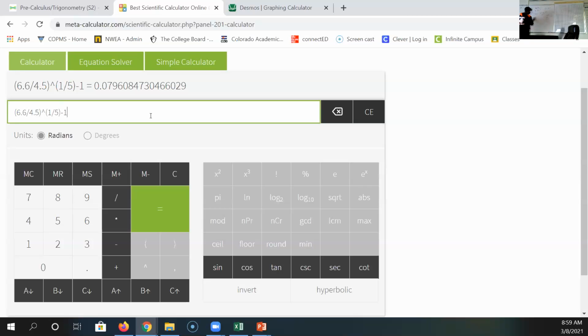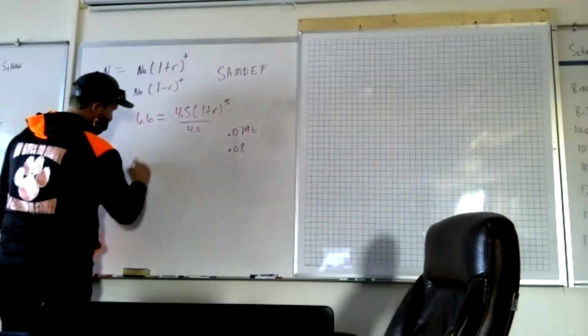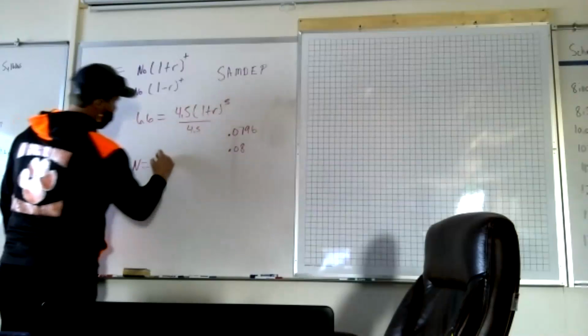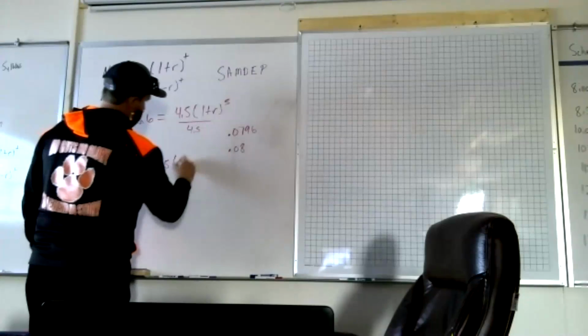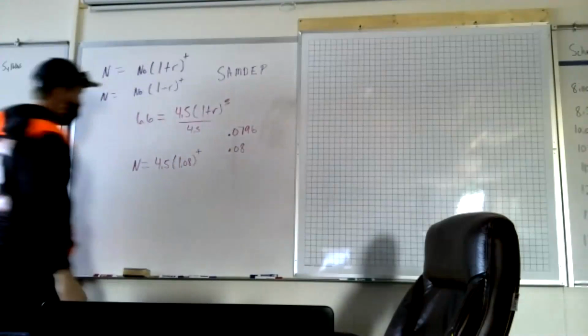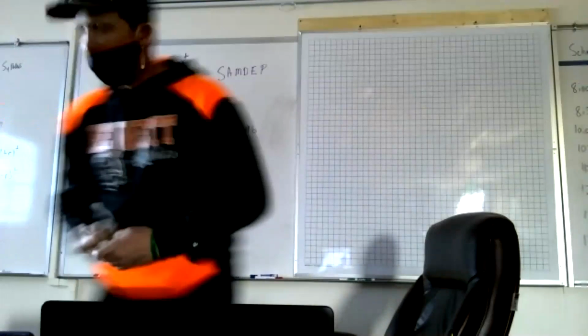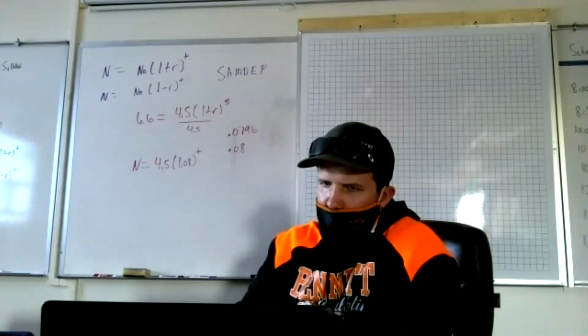And then I write my modeling equation by taking that information so that n is equal to 4.5 times 1.08 to the t. So that should be the answer to my first question.